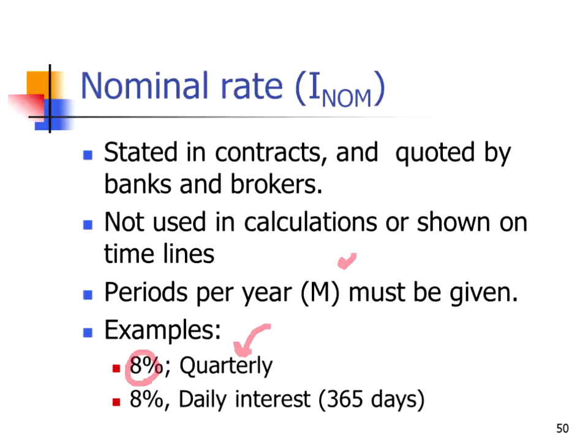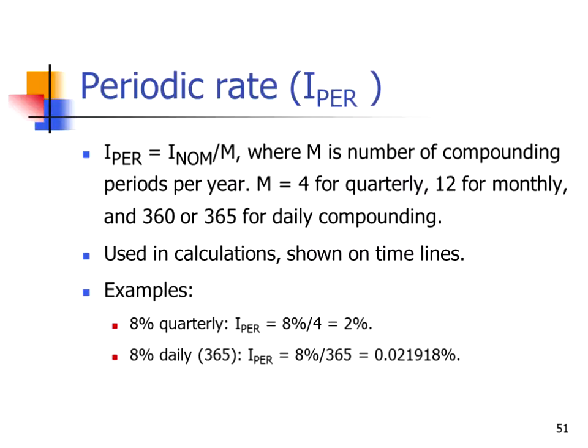Because you will have that effect of compounding, which is going to impact your final interest rate that you will pay. Similarly, 8% daily interest is going to be totally different than just 8% annual, or the nominal. So always check the complete representation of the interest rate that's been quoted to you, how it's been quoted.